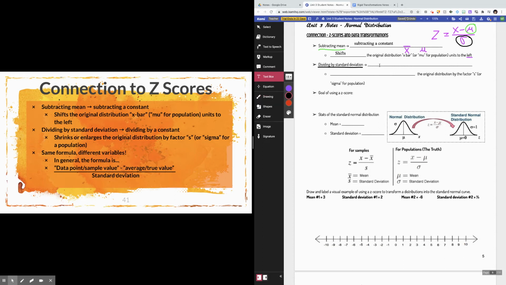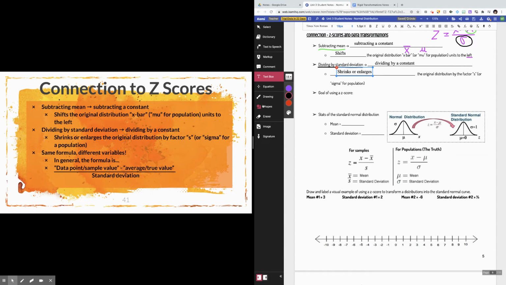Dividing by a standard deviation is just dividing by a constant. So essentially what you're doing is you're either shrinking or enlarging the original distribution by the factor s.